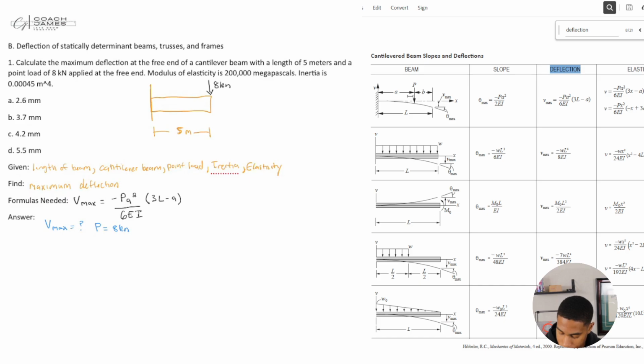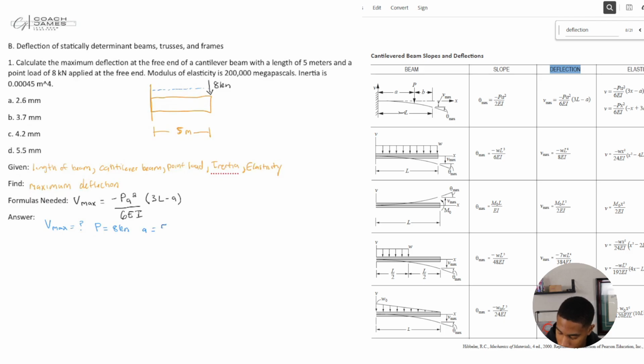What about A? A is the distance from your fixed point to the point load. So what will A be? Well, what is this distance from the fixed support to the point load?